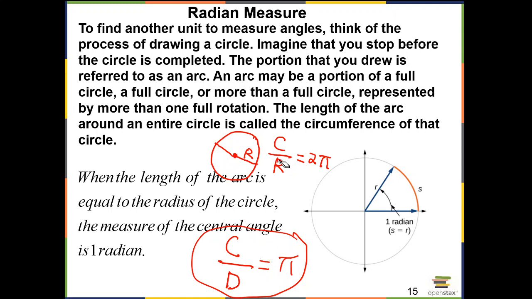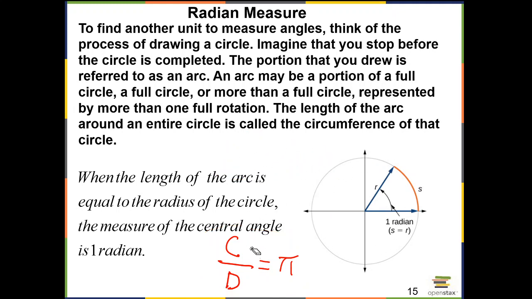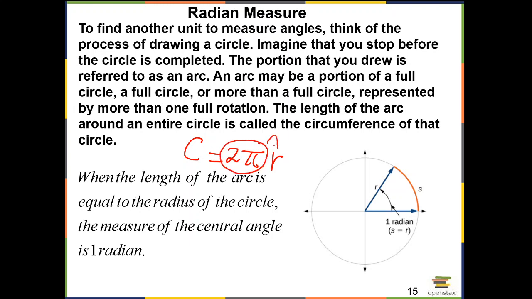So we know the formula for the circumference of a circle is 2 pi times the radius. That means in one circumference there are this many radii, and by radii I mean the plural of radius.